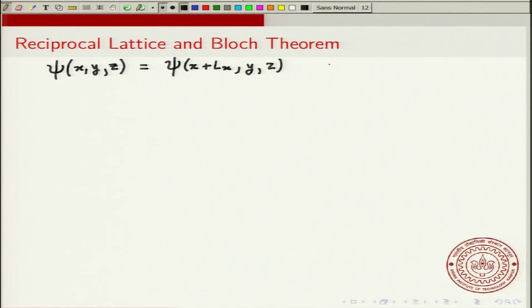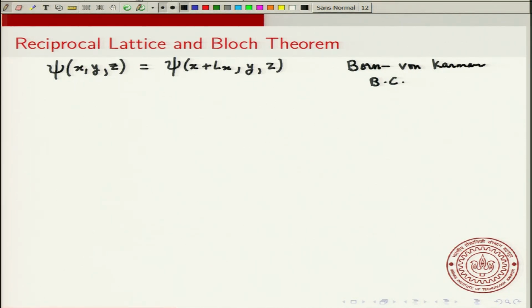So, this is the Born-von Karman boundary condition.